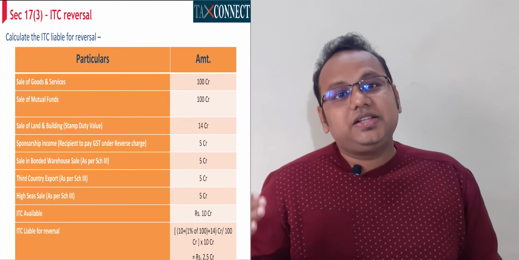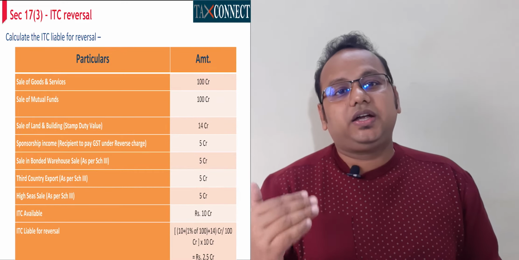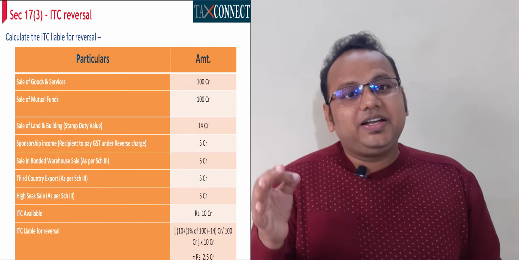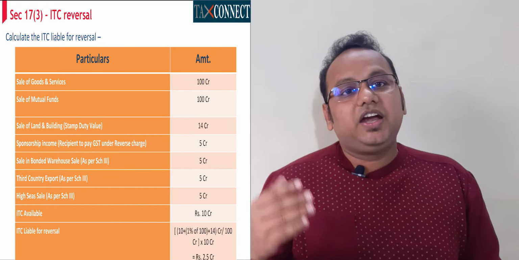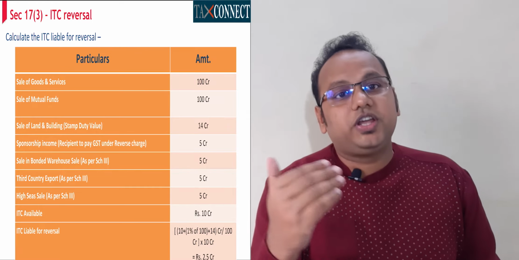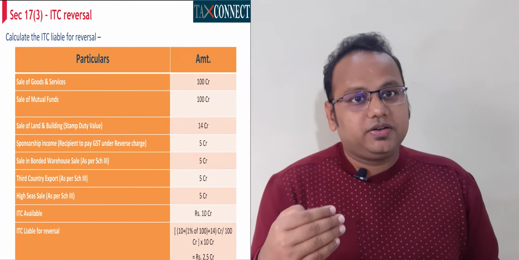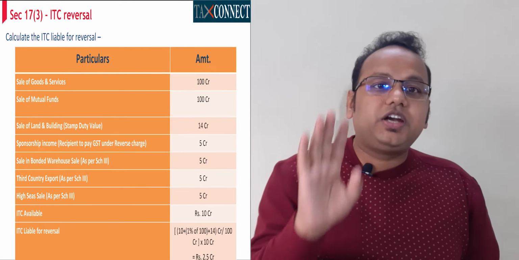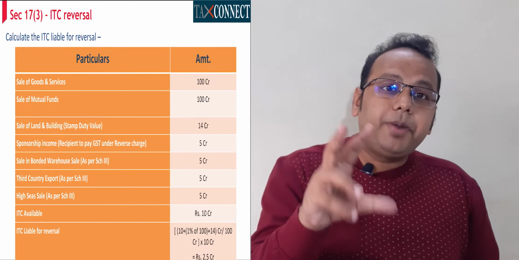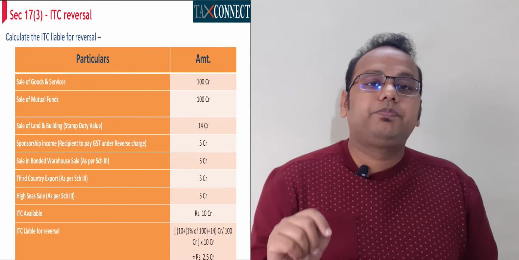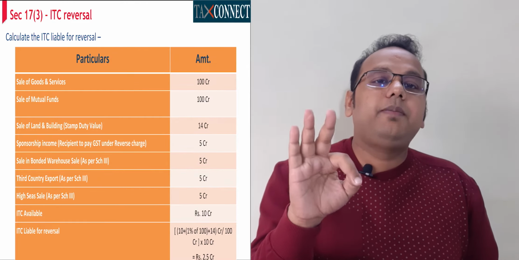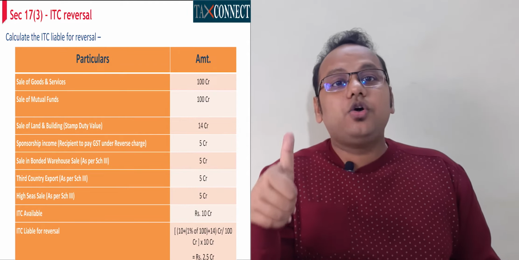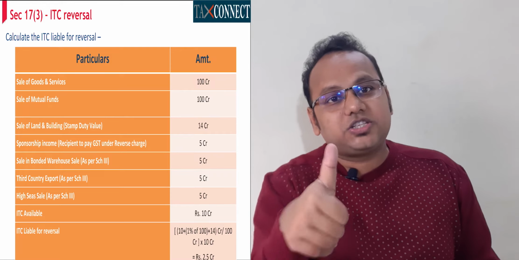Section 17 subsection 3 is a very critical subsection. 17.3 states that the exempt supplies for the purpose of proportionate reversal would include three important things. 1% of the value of the sale of investments.